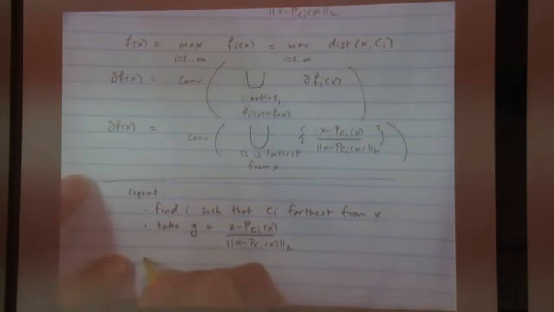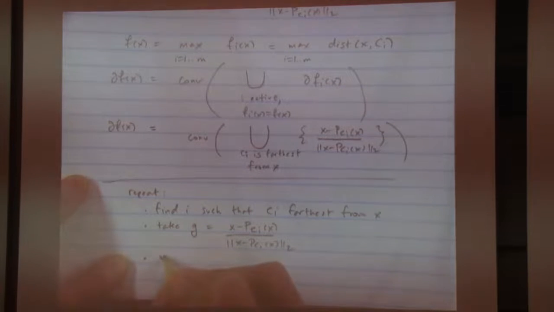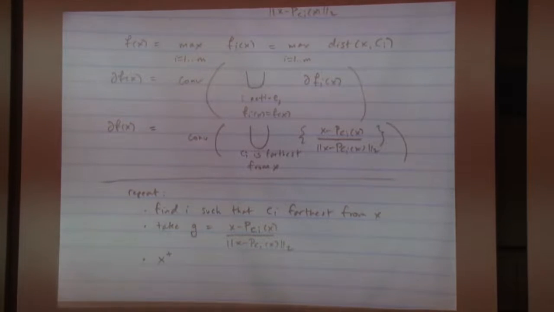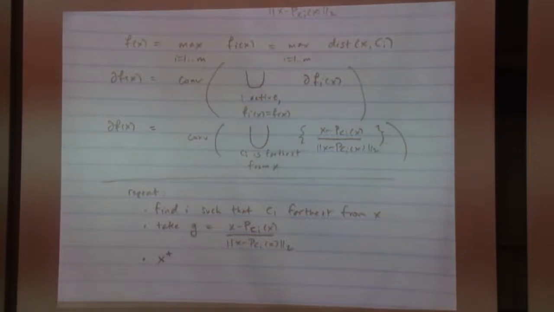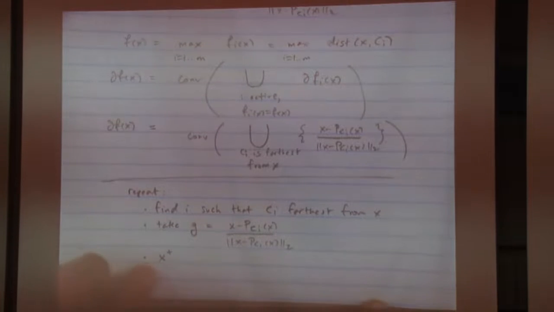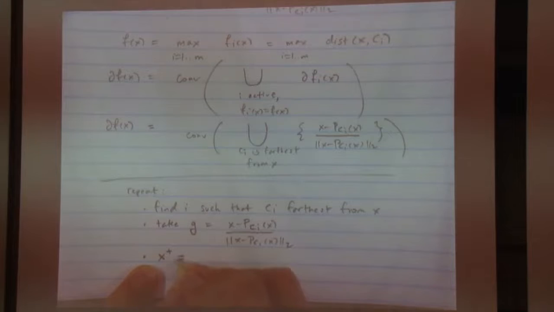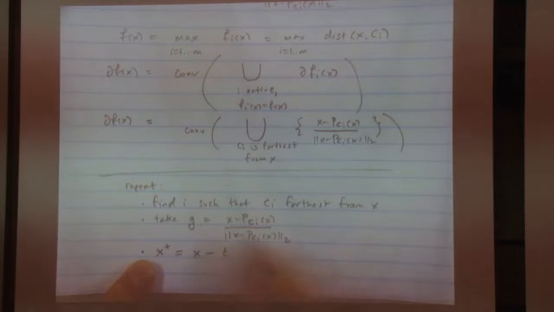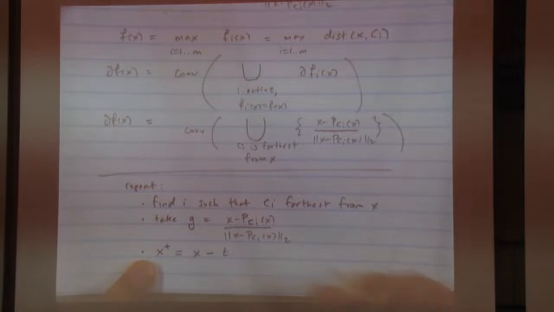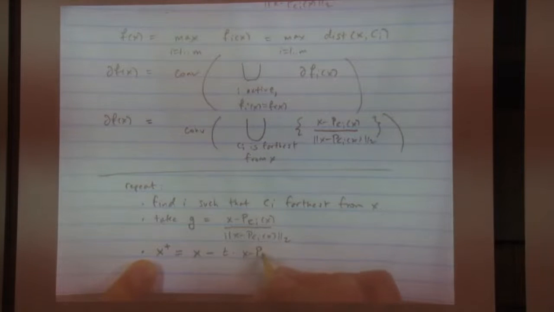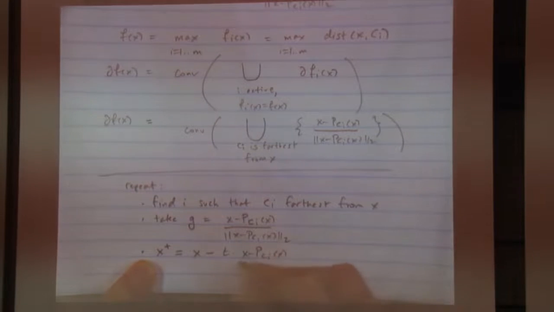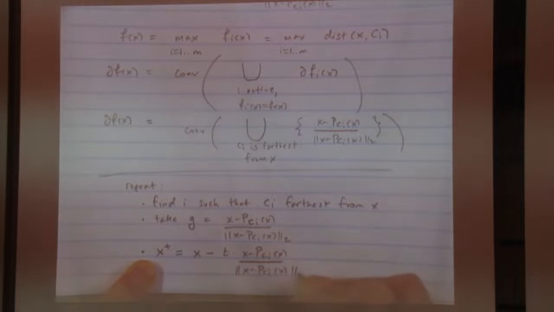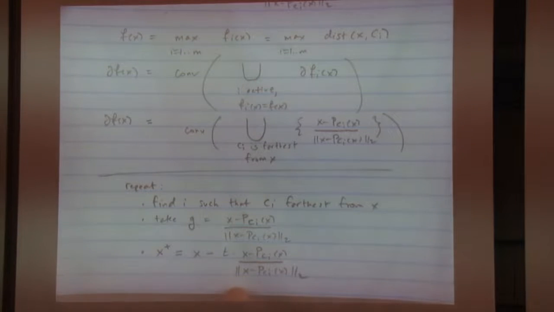So the subgradient method is going to perform the following update. I'm going to write x plus, which I often do, to denote the next value of x in our iteration. I just don't want to use the k notation because I think it's simpler for this example. So I'll go back and forth between that. x plus is x, which is where we are, minus a small step size t times this subgradient, (x minus P_Ci(x)) over its norm. Right? That's our subgradient method iteration.